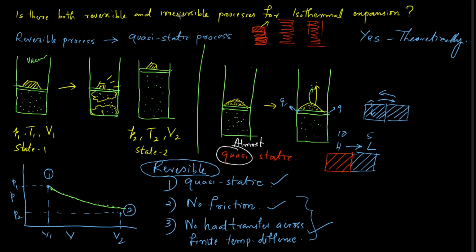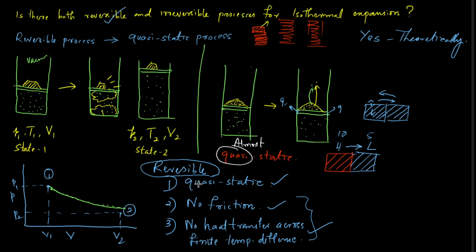Okay, so why is it yes? If we assume these conditions, that it is quasi-static, with no friction and no heat transfer across a finite temperature difference, then that process is reversible.